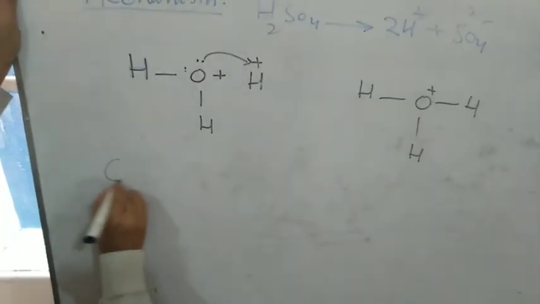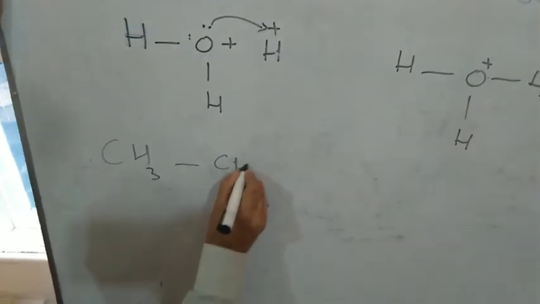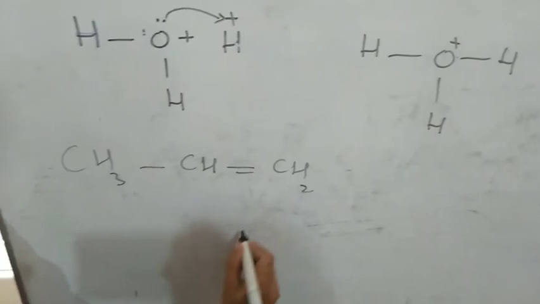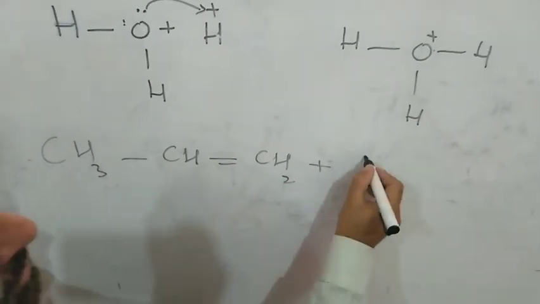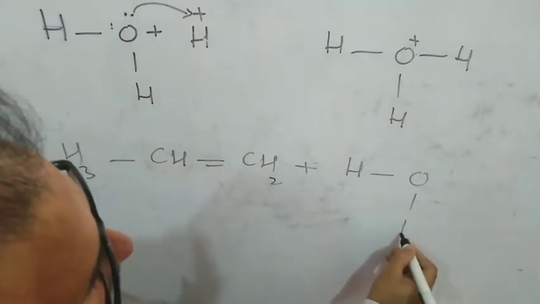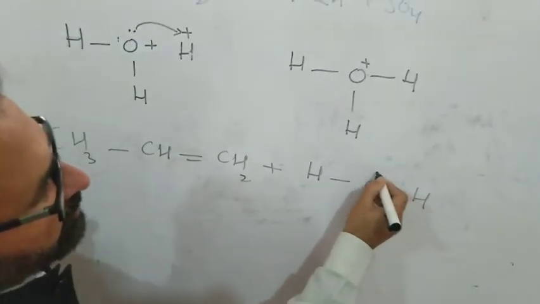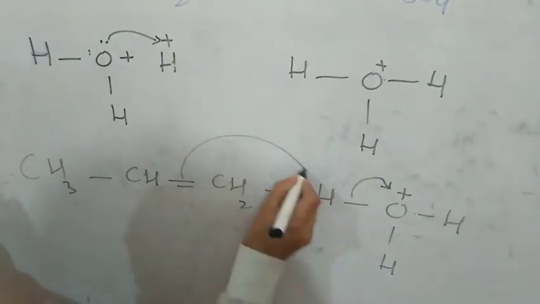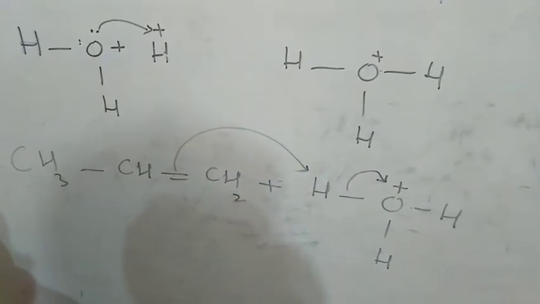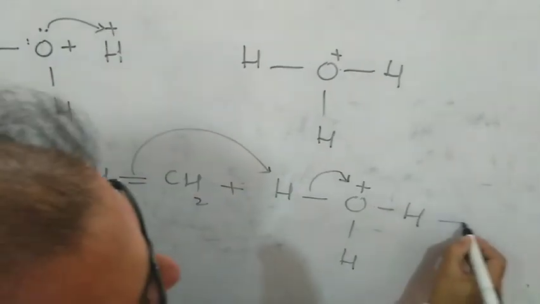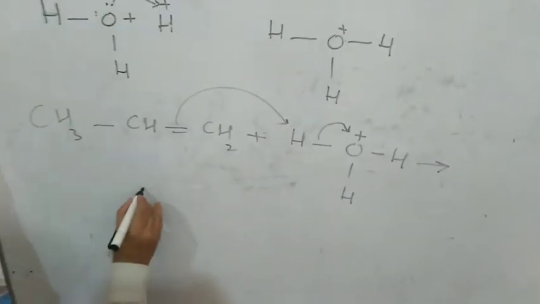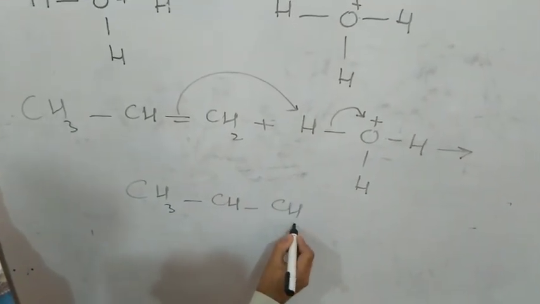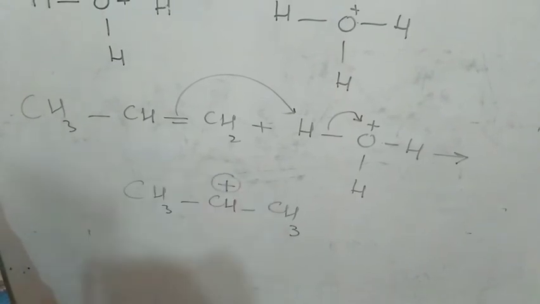Now this hydronium ion reacts with the alkene. For example, plus, now this is positive, electron pair यहाँ आ जाएगा, and this pi bond electron pair attacks this hydrogen and gives secondary carbocation. Here the secondary carbocation is obtained.